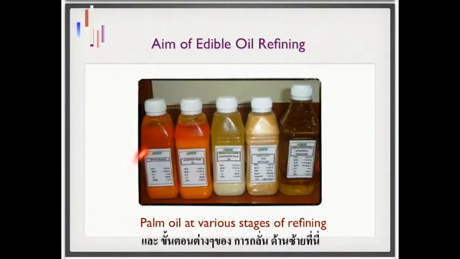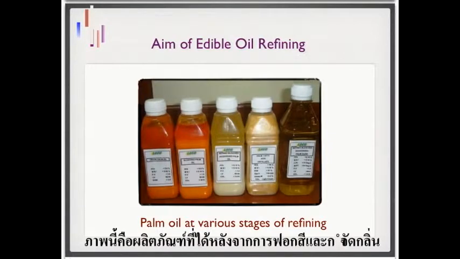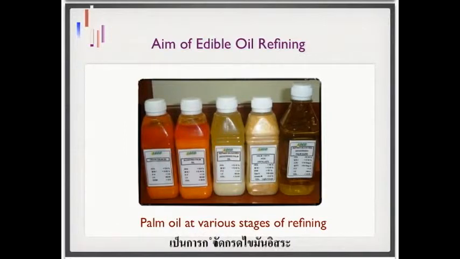In this picture, you can see various palm oil products at various stages of refining. So for example, on the left here, this is a crude palm oil. Then after the bleaching stage to remove the pigments, you can see the color is lighter. So this is a bleached palm oil. Then in this picture, this is actually after the bleaching and deodorization to remove the fatty acids. You can see the color is much lighter.